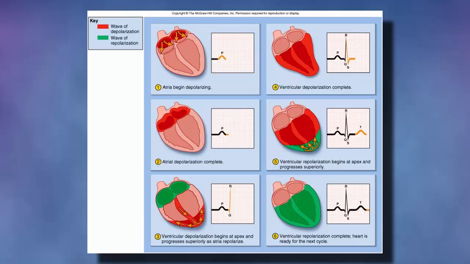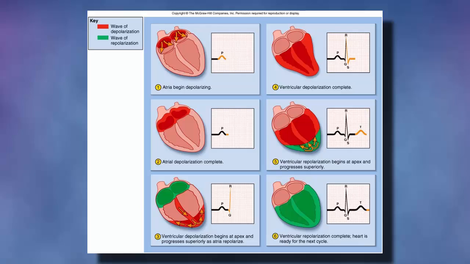Let's start in box number 1, where we see the wave of depolarization in the atria, and we see the P wave show up. Pretty soon after the P wave shows up, the atria are going to contract, but you're not going to see that on the ECG. In the second box, we see that little bit of delay happening at the AV node, and then ventricular depolarization begins.